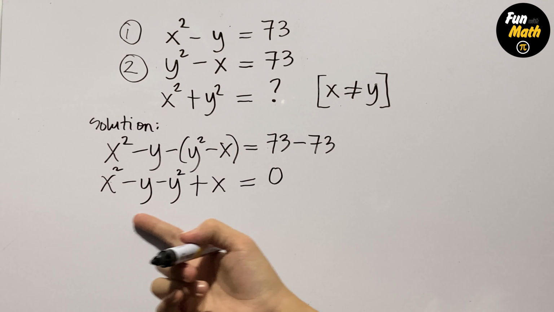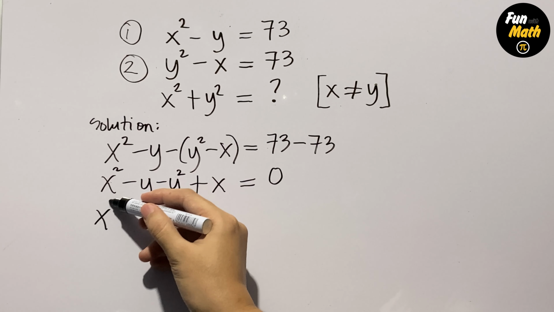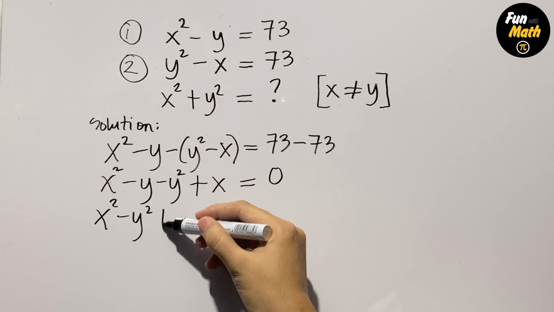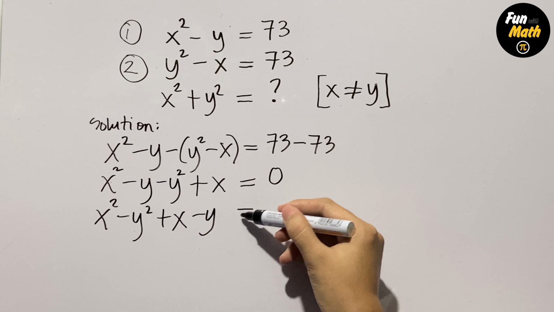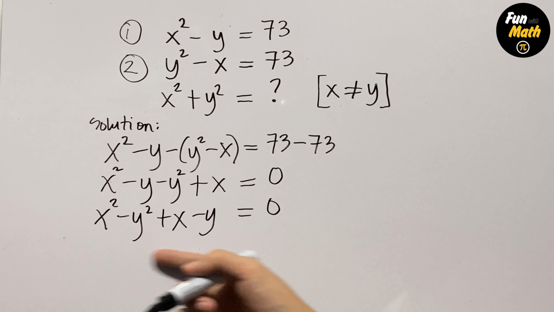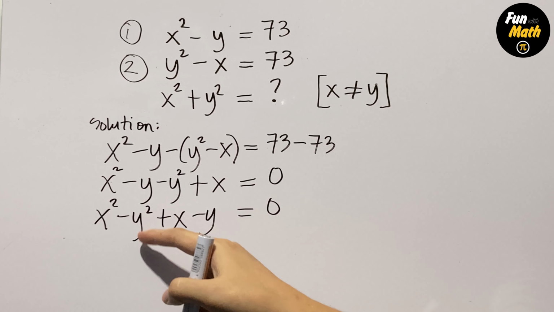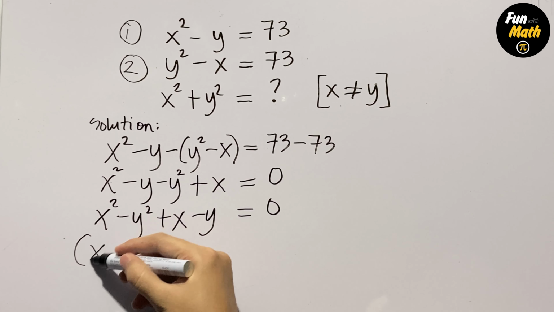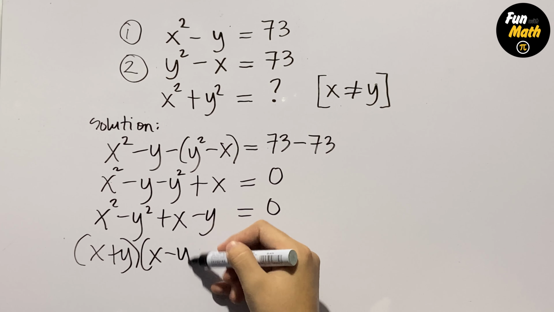Next is, we are going to arrange this. And that is x squared minus y squared plus x minus y equals 0. And then for this, we can say that x squared minus y squared is the same as x plus y times x minus y.